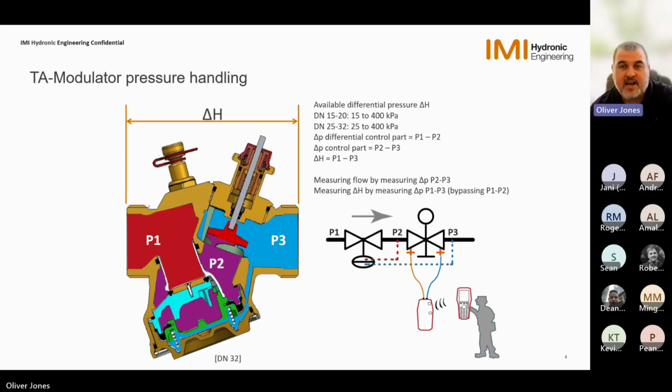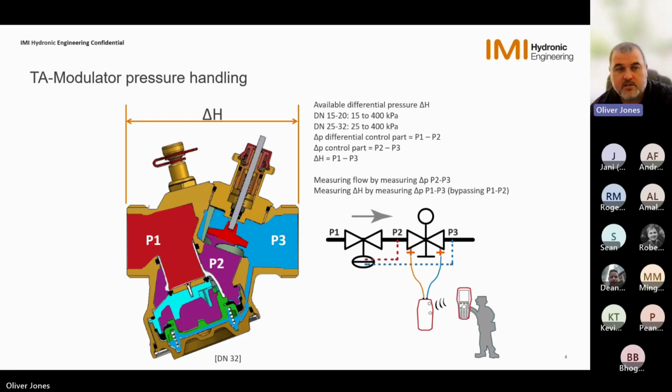We can also measure the available differential pressure onto the valve by measuring between our P1 and P3 pressures. So here we still utilise the high pressure and low pressure terminals, test points on the top of the valve, but we bypass part of the valve. I'll show you in a little bit more detail later how we actually go about doing that.